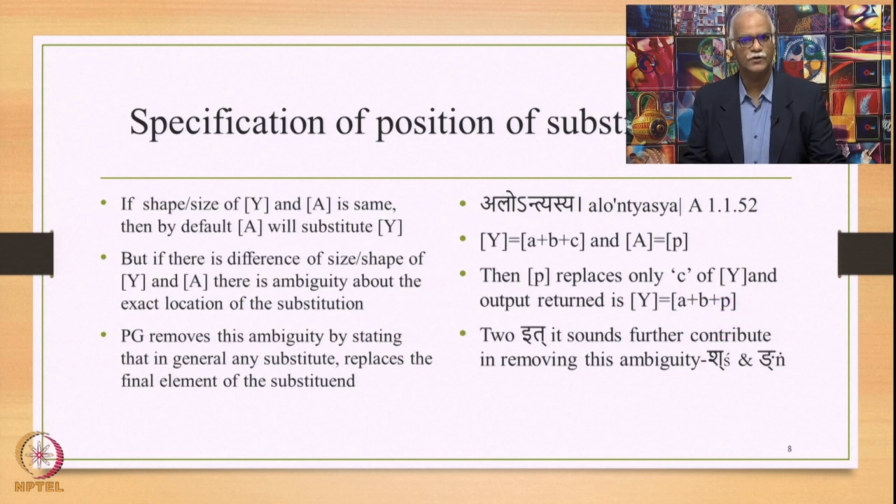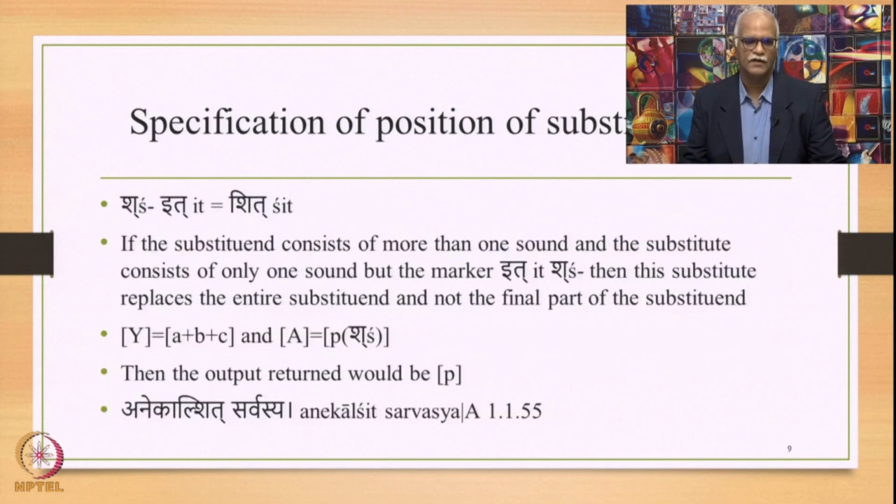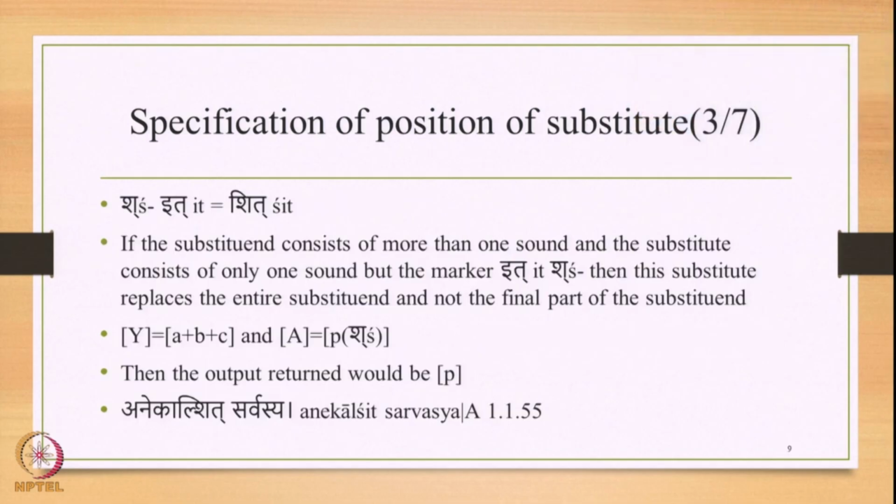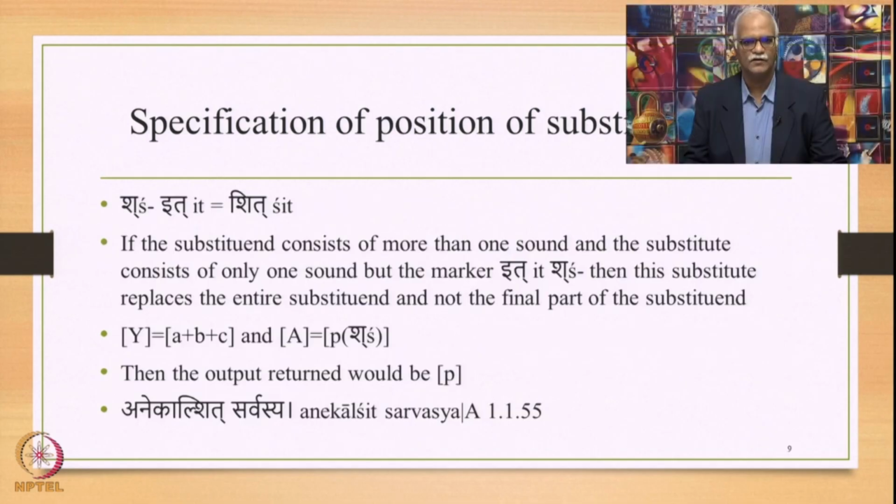Now there are 2 it sounds which further contribute in removing this kind of ambiguity by specifying the position of the substitute. Let us study them one by one. Let us look at the it sound sh. When sh is attached to an element, that element will be called shit, the substitute notably that we are studying here.